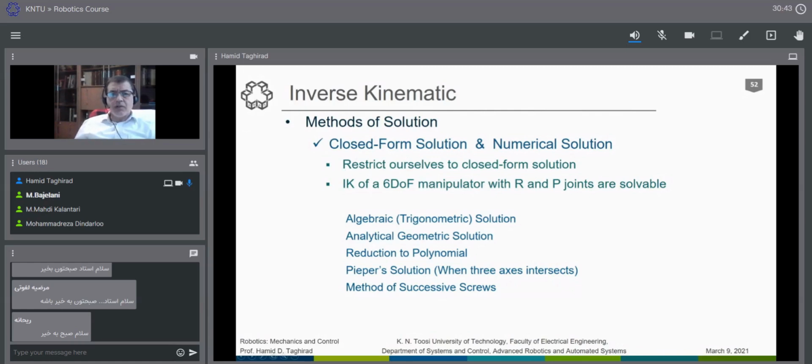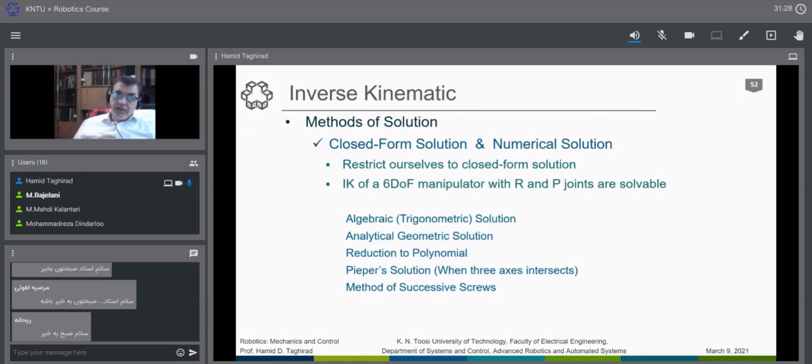Of course, the numerical solution also has much research behind it and has been worked out a lot. But since we are limited in time, I won't go into the numerical solution. You can check your solution with MATLAB numerical solvers. There are two functions: fzero to find one simple solution for one variable, and fsolve for multiple variables. And of course, sometimes this numerical solution doesn't converge.